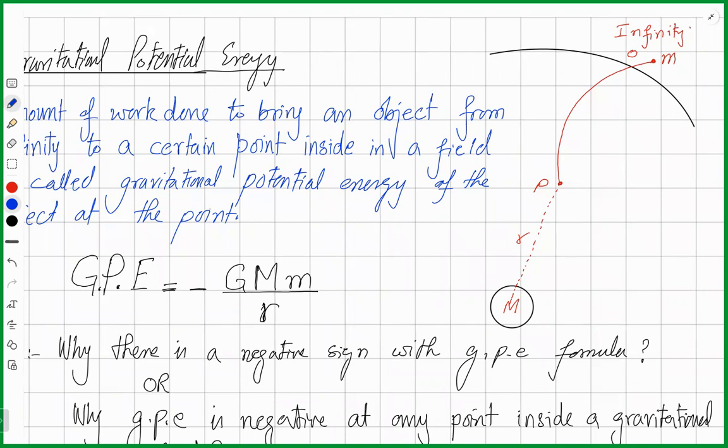And if you let the object fall down, in that case the field is doing work. That is work done along the direction of natural force. And whenever work is done along the natural force, potential energy decreases.